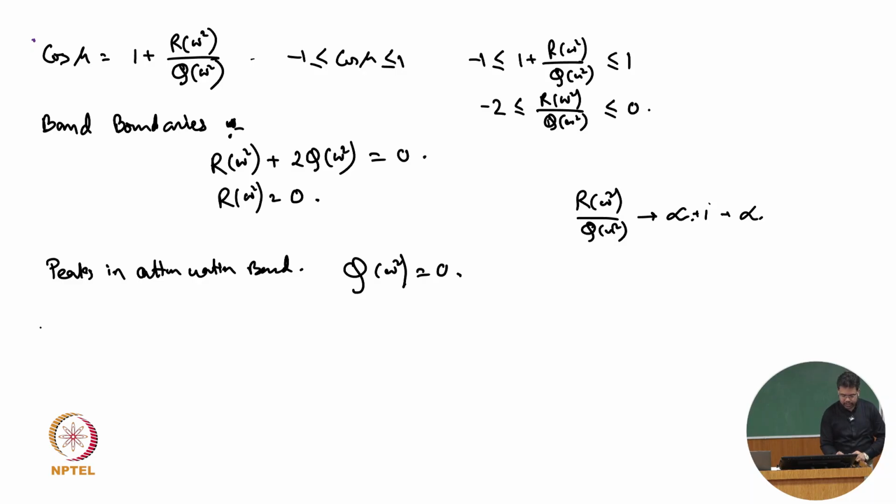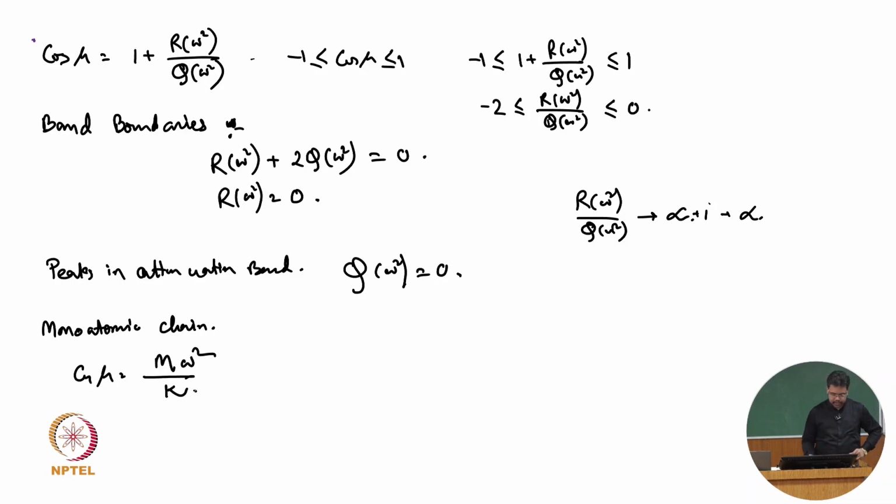So let's see the case of a monoatomic chain. In case of a monoatomic chain, our dispersion relationship is cos mu equal to m omega square by k, or we can call it simply eta square.